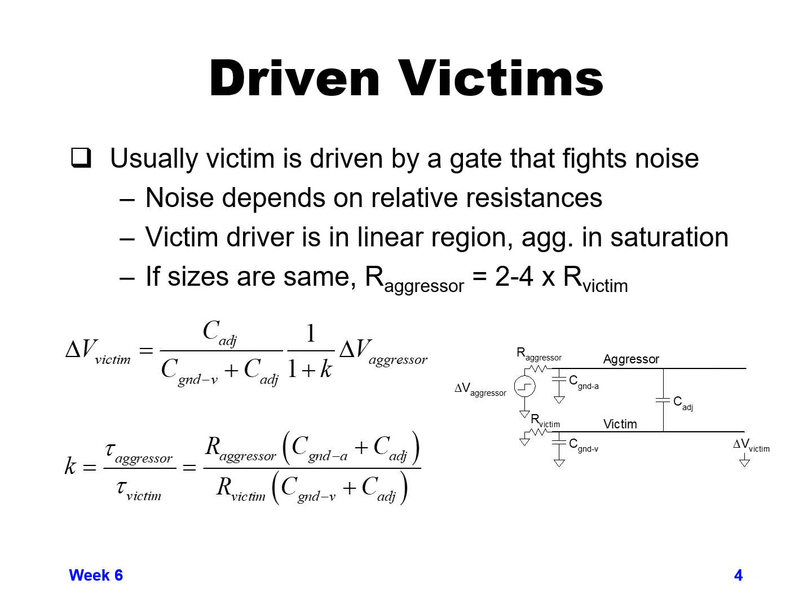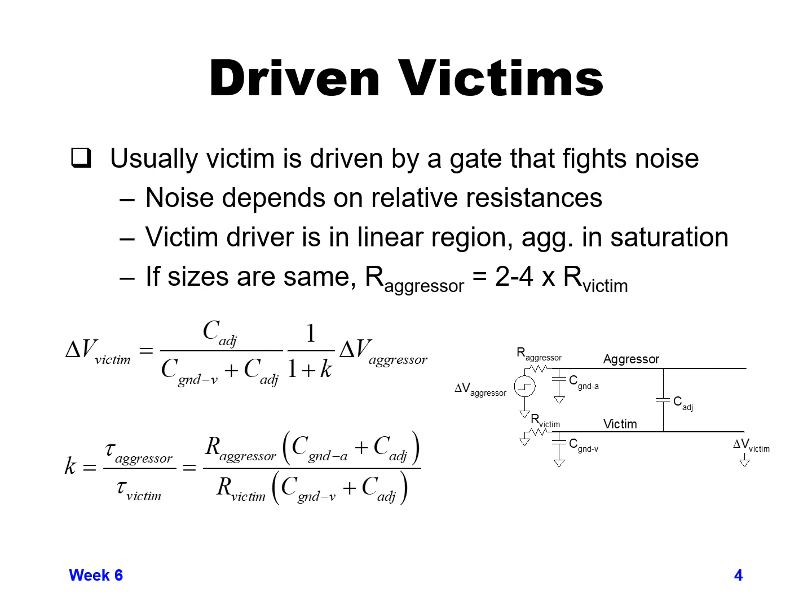So in this case, your noise is going to depend on the relative resistances of your aggressor driver versus your victim driver, as well as the ratio of capacitance of your C adjacent to C ground of the victim. So below there's some equations for what change in voltage you might expect on a victim where it wants to stay stable, but it will have an induced voltage noise on it.